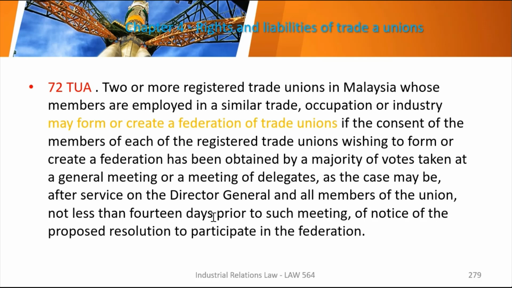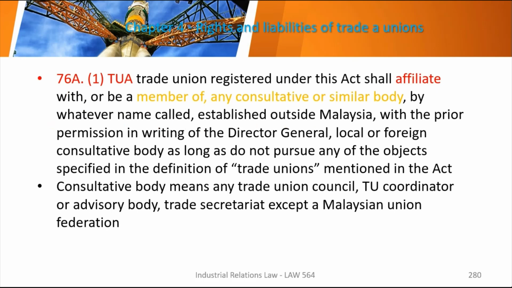So if trade union A for company A has 2000, then B 2000, C 2000, for company B, company C, now the federation of trade unions has 6,000 members. So it makes them stronger. However, it must be informed to the Director General and needs to be approved.